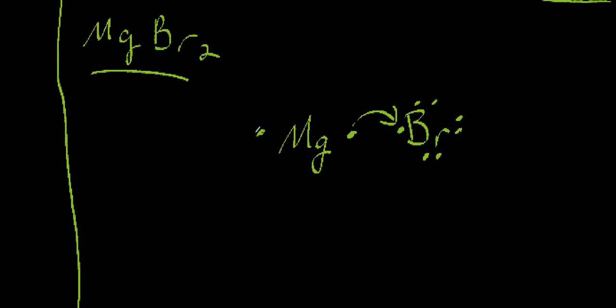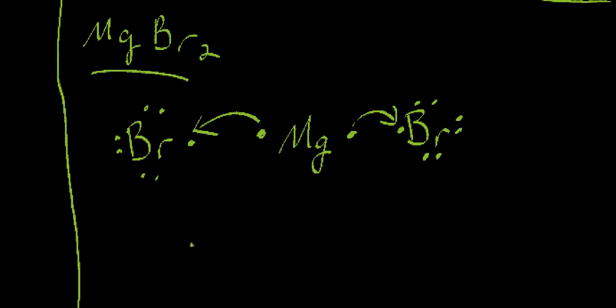So, magnesium still has an electron to get rid of. That's where the second bromine comes in. This bromine will receive that electron, and that's how that's going to be.